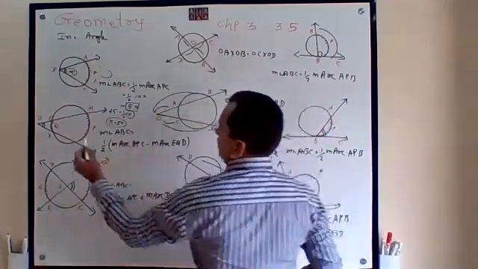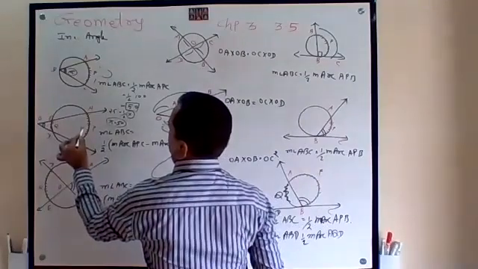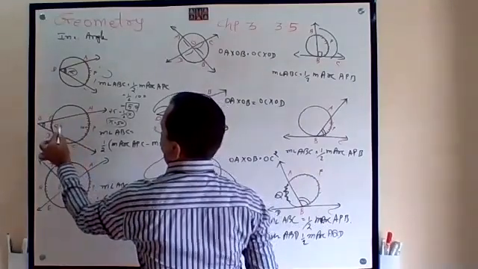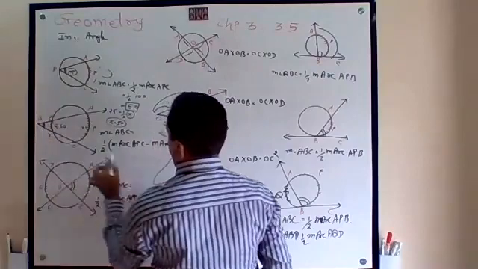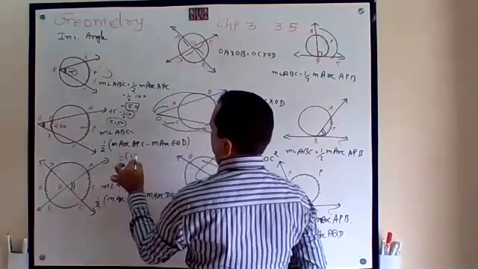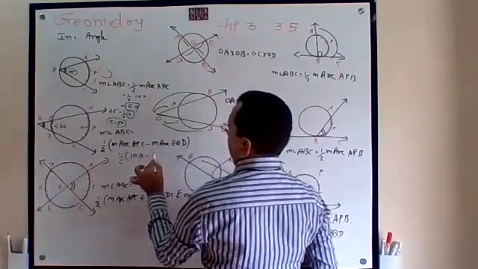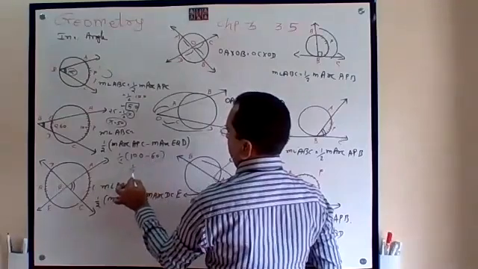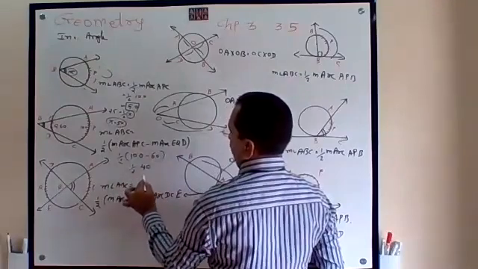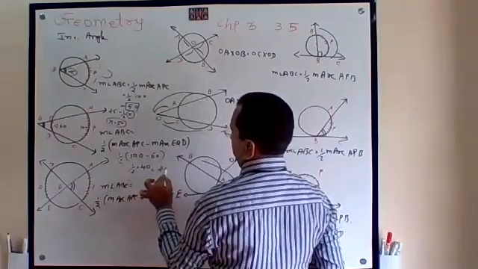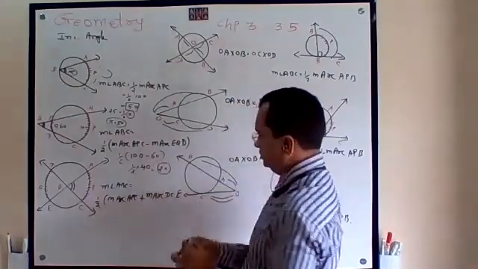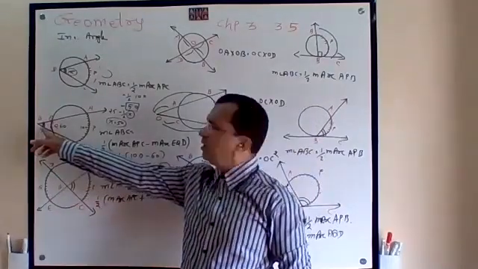Same. Suppose this is given 100, this is given 60. Find this. So half of 100 minus 60, half of 40, this is 20.